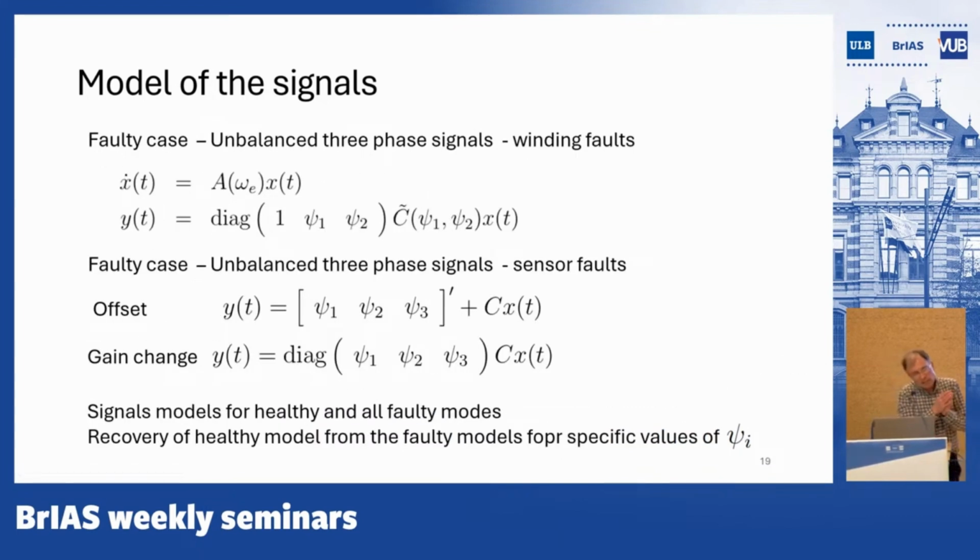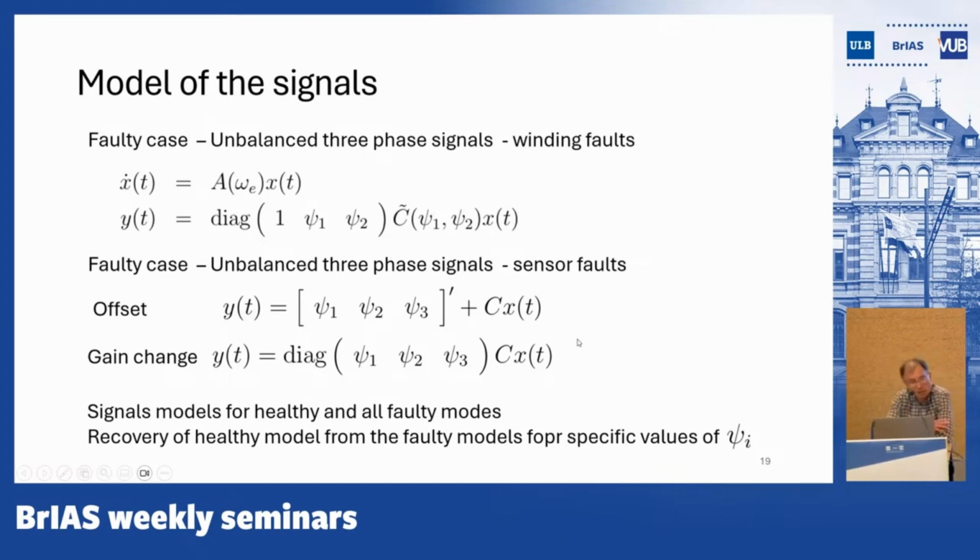And so that means that in the case of winding faults, our model takes this form where the only thing that changes is the equation that generates the three currents from the states. And this is a simple diagonal matrix where we have these two unknown parameters, and the C matrix becomes C tilde, so this C matrix is changed a bit as well.